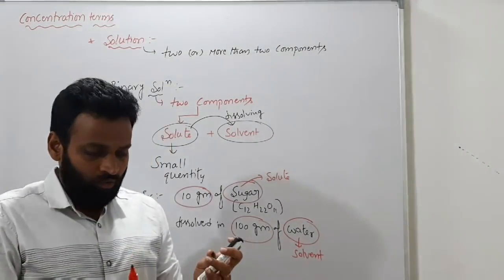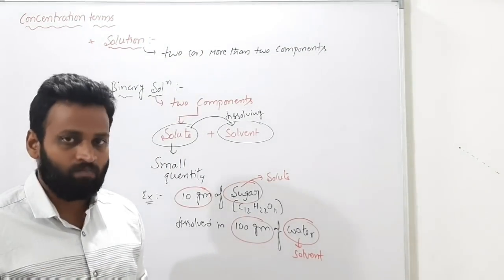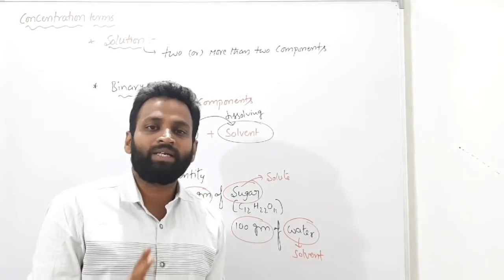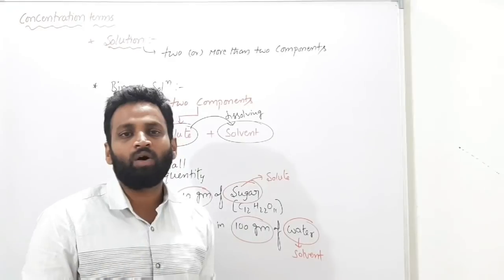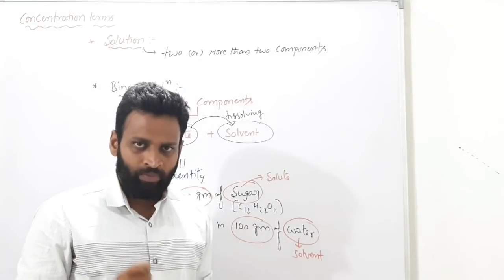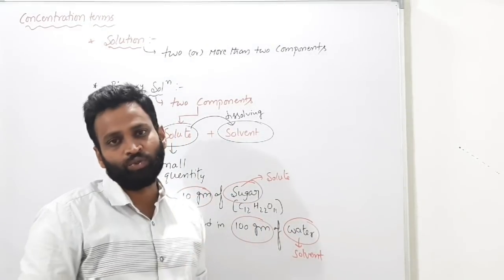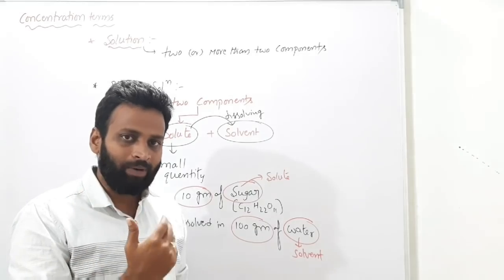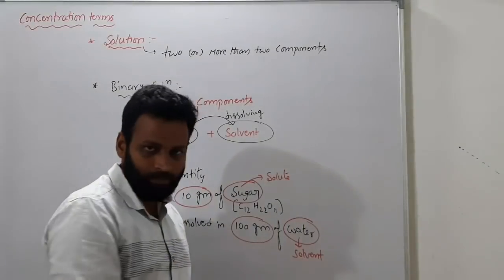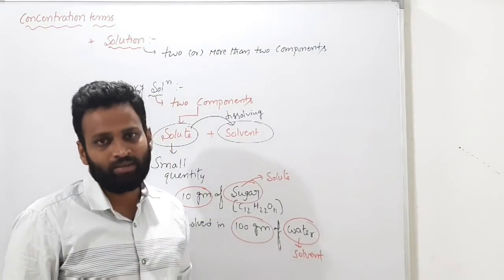If you understand binary solution, that is enough for us right now. A binary solution consists of two components: one is solute and another is solvent. The substance which is going to dissolve is called solute, generally a small quantity. The substance in which it is dissolving is called solvent.